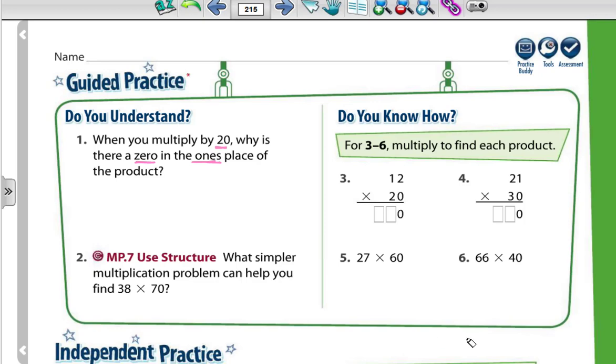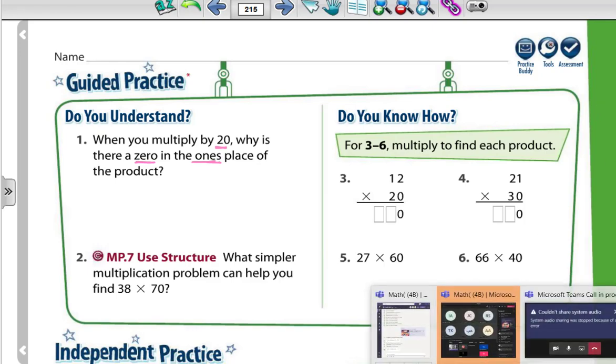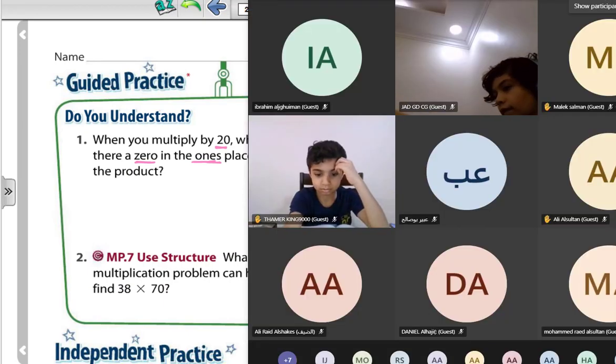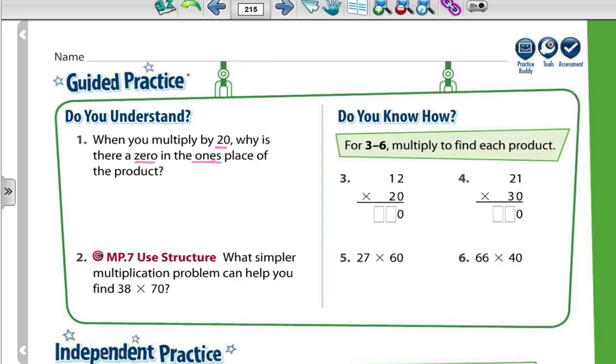If anyone knows the answer, please let me know. You can say your name if you know the answer. Anyone? My name is Muhammad Al-Sultan. Yes, Muhammad.